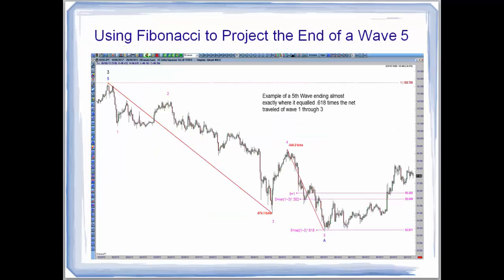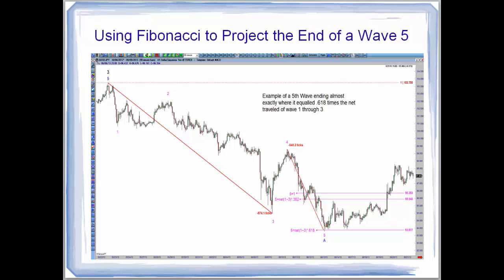Setting the most likely target for the end of a fifth wave depends on how long your wave 3 was in relation to wave 1. If wave 3 was at least 1.618 times the length of wave 1, expect wave 5 to be either equal to wave 1 or 0.382 times the net traveled by waves 1 through 3, or more commonly 0.618 times the net traveled by waves 1 through 3.